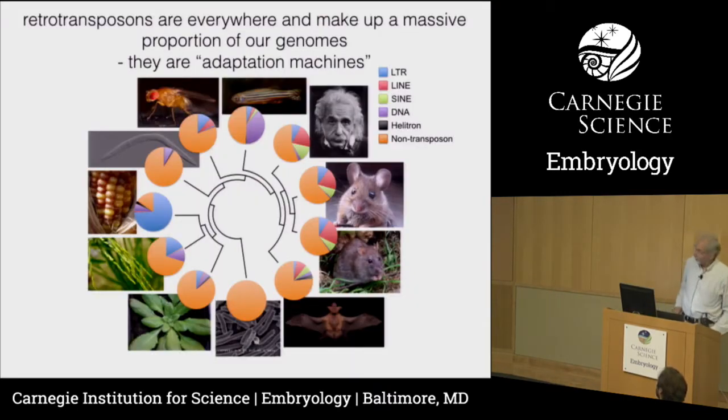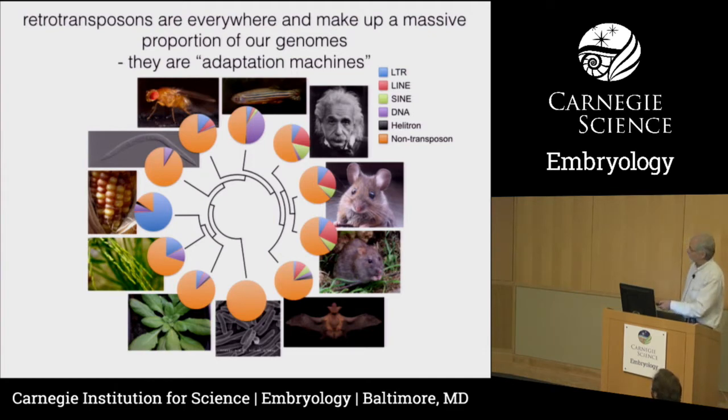Okay, so retrotransposons are everywhere in biology, and they make up a massive proportion of our genomes, and they are really adaptation machines. What you see here in this phylogenetic tree is the proportion of various types of genomes, ranging from microbial genomes, which are super streamlined and have relatively few transposons.